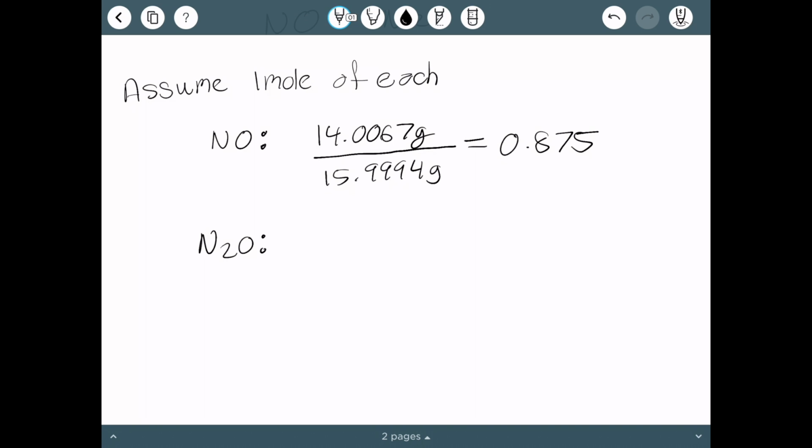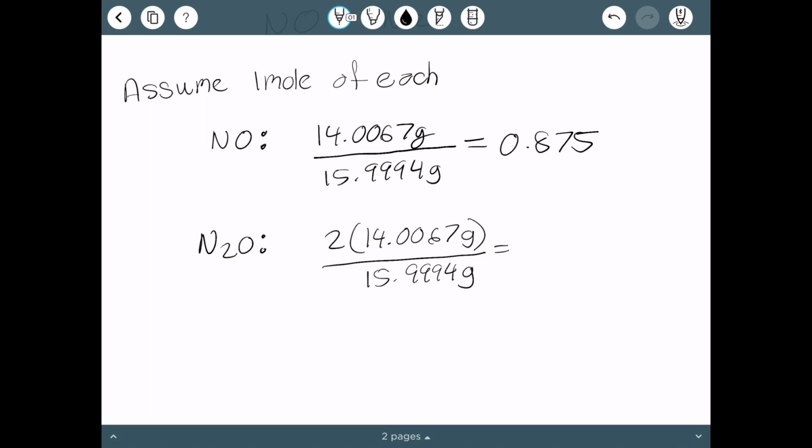Now let's look at nitrous oxide, N2O. So we have 2 times 14.0067 grams, divided by 15.9994 grams, which is going to equal 2 times 14.0067.